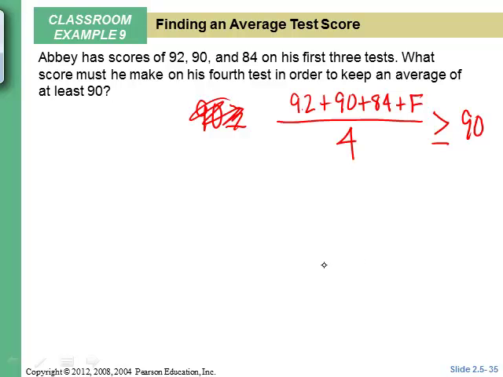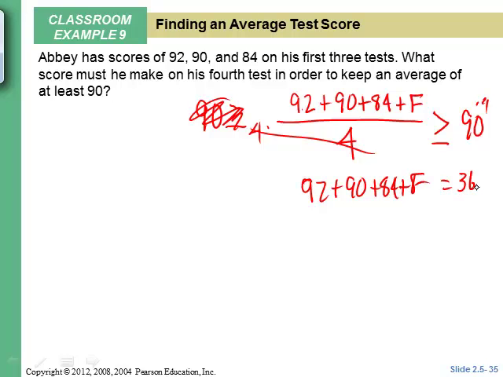Notice I did the average by adding the 3 up and the fourth one, which I don't know what it is, and dividing by 4. Also, if you notice, I can solve this by multiplying both sides by 4, and I get 92 plus 90 plus 84 plus f is 360. 92 and 90 and 84, I'm going to add that up.